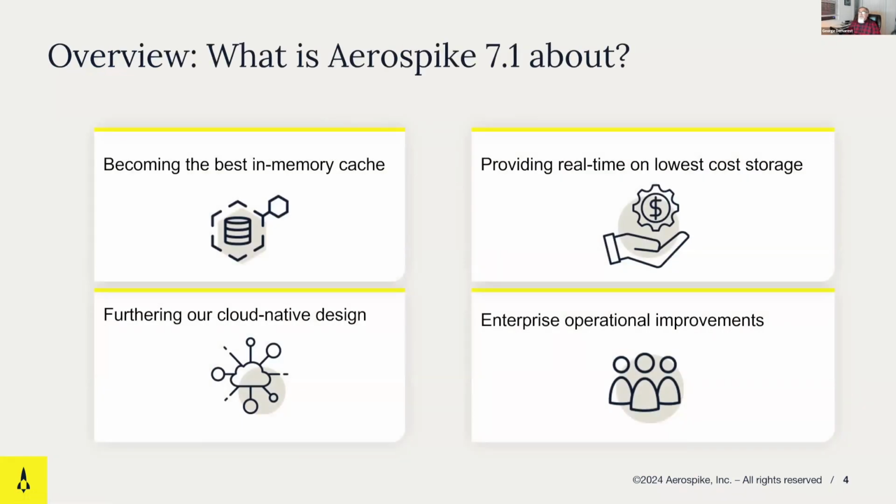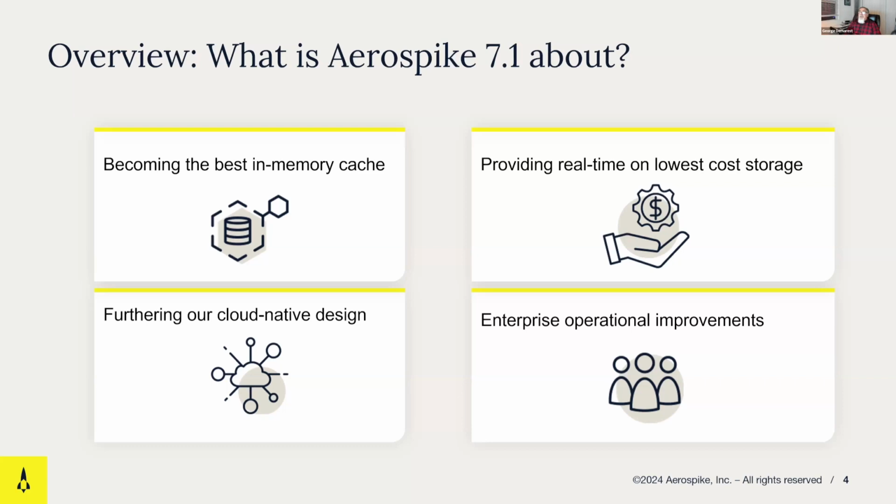So first, in terms of what this release is about, as I mentioned, it's somewhat about cache. We have introduced a new cache eviction strategy, and we want to become a better cache. We already function with some major customers as a cache, but the new cache eviction strategy opens up a lot of additional interesting use cases as an in-memory cache for Aerospike.